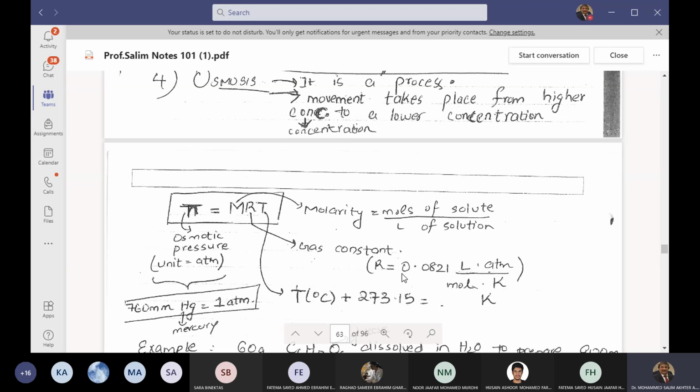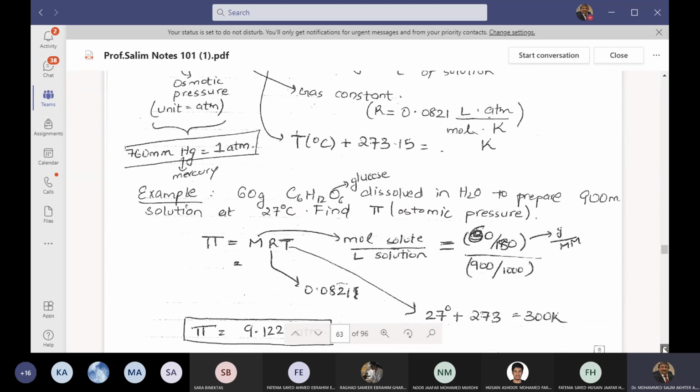For the time being, I am using R equal to 0.0821. Temperature, capital T, must be in Kelvin. Then we solved this question for you.